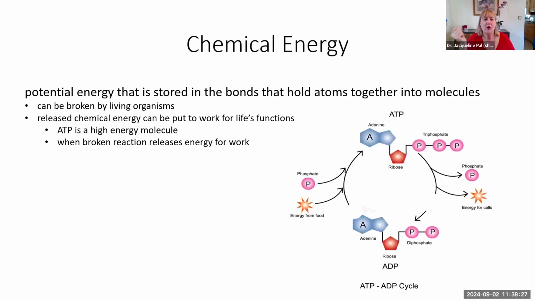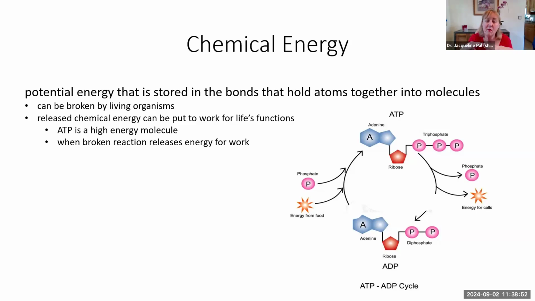Chemical energy is a potential energy that's stored in the bonds that are holding those atoms and those molecules together. Remember those ionic bonds, those covalent bonds, whether polar or nonpolar, and those hydrogen bonds. All of those are holding a potential energy that can be broken down by all living organisms.